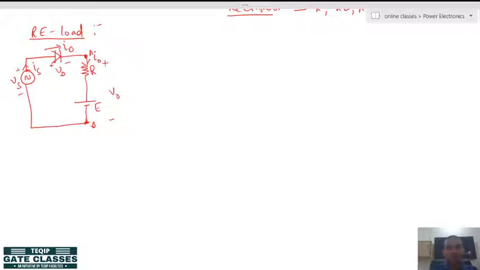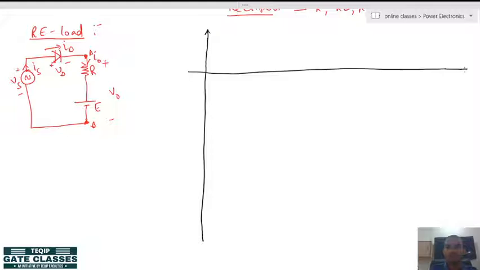So, now let us draw the waveforms. So, this is my source voltage, a sine wave of amplitude Vm.